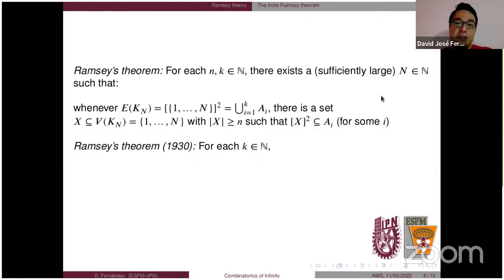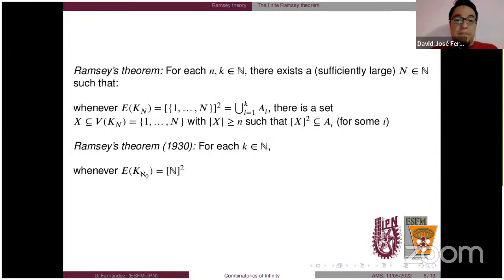So there's no longer a finite bound, it's infinite. So I want an infinite subgraph, which is not chaotic, but I can still say for each k, because k is going to be the number of cells in my partition or the number of colors in my coloring.